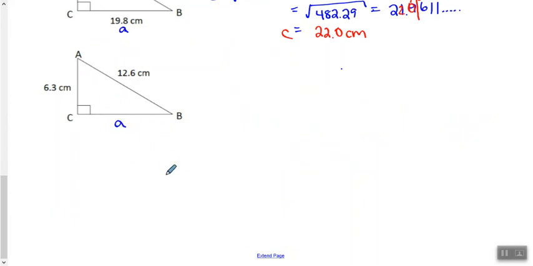So looking for a, here we have b, and across from our right angle, we have our longest side, our hypotenuse, which is c. So a squared plus b squared equals c squared. So a squared, we do not know, and let's just put it right in this time.